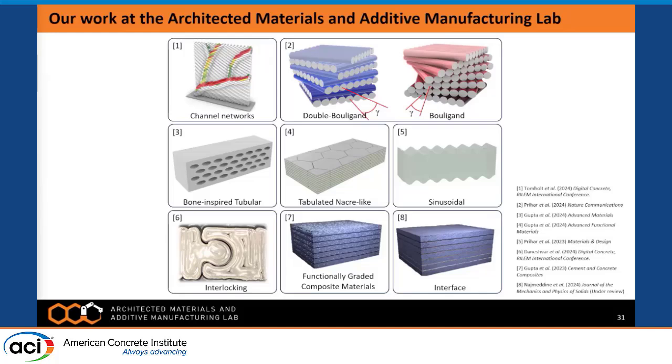Graduate students and postdocs in the lab have studied biologically inspired architectures that they fabricate using extrusion-based cement 3D printing, as well as other advanced manufacturing methods. And the exciting quality of these architected materials is their fracture toughness, which outperforms that of the same material. And if you're interested in learning more about these, we're happy to discuss them with you.